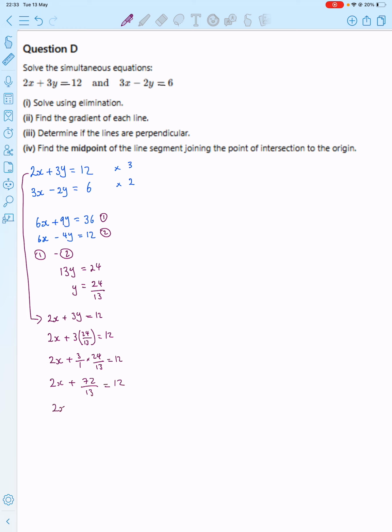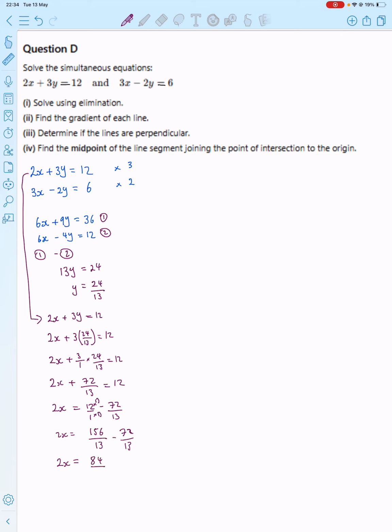And then 2x is equal to 12 minus 72 over 13. Now this 12 can be written as 12 over 1 times 13 over 13. So that's going to be equal to 156 over 13, take away 72 over 13. So we have 2x is equal to, well, 156 take away 72 is 84.